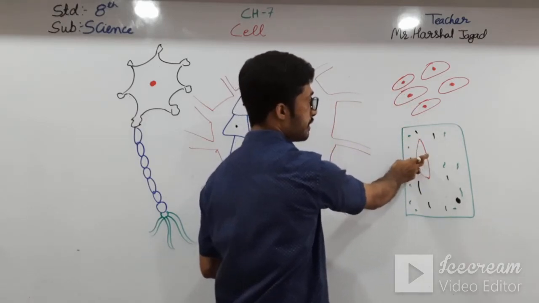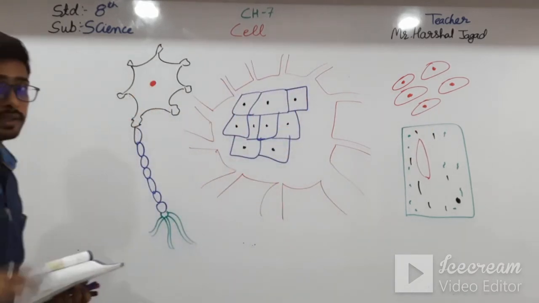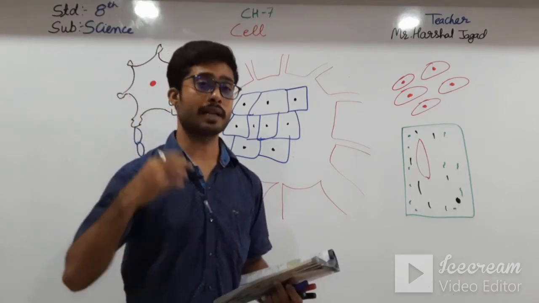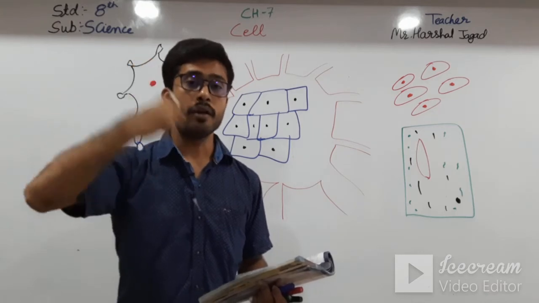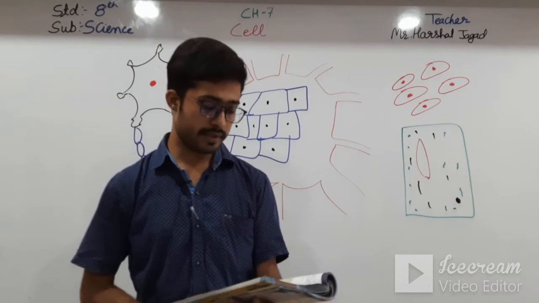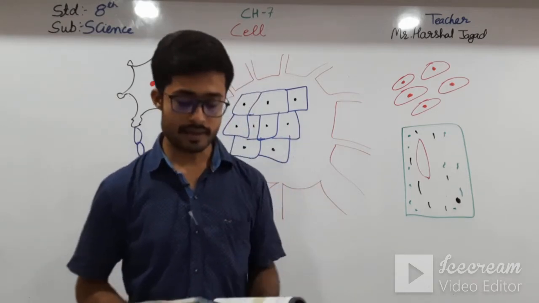This is big, this is small, this is also small, this is big. So these are the nuclei of the cells. We know that the main parts of our body are the heart and brain. Without these we can't live. Okay students, in that way, without it nothing is possible for the cell.